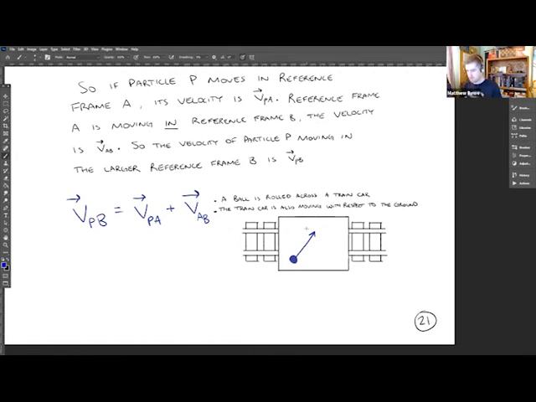Now, if I'm sitting on the train car and I'm rolling the ball, it just looks like it has this velocity right here. Remember, the size of the vector is also important. So it's to scale. So it has this velocity. Now I'll try to keep the indices the same as this example, maybe make it make sense. So a ball is rolled. Let me put right here, particle.